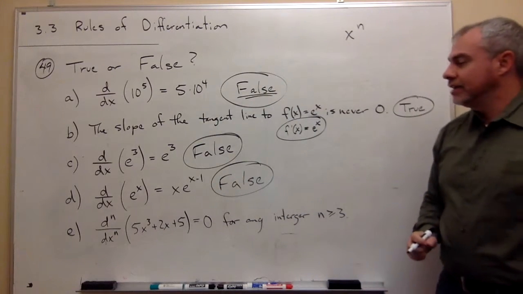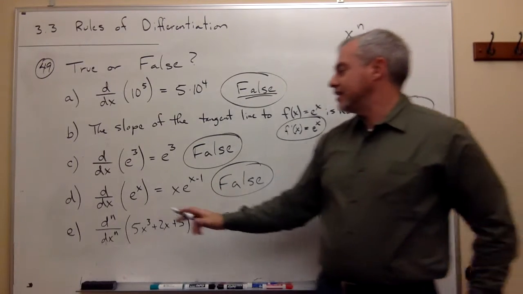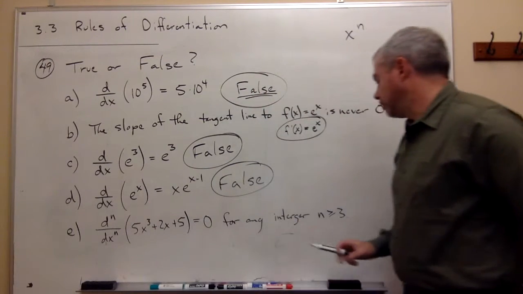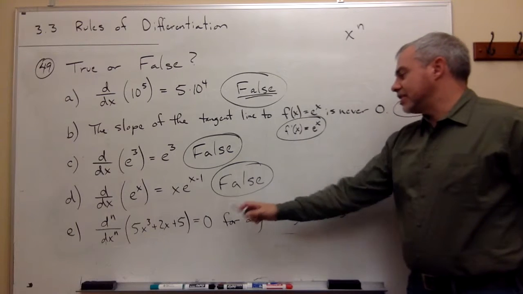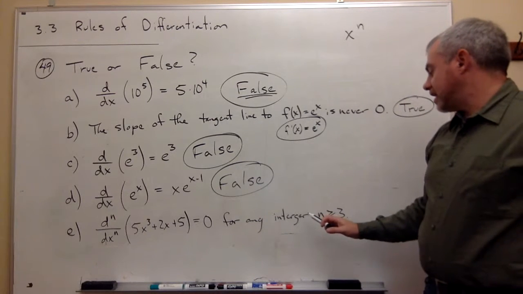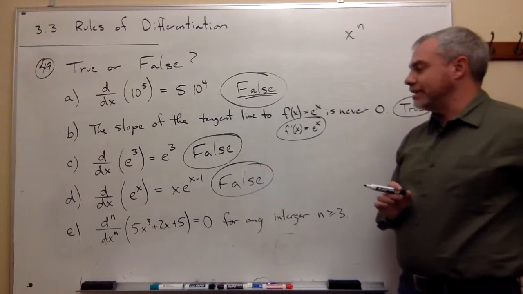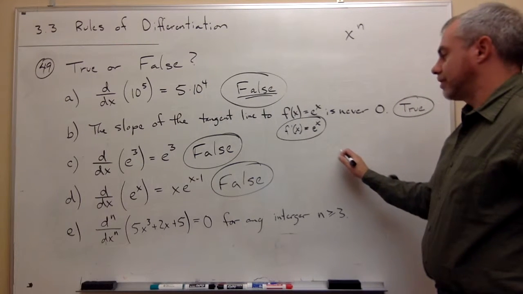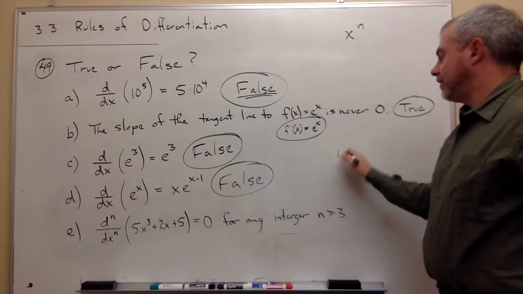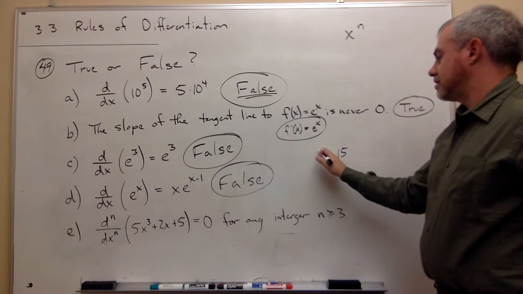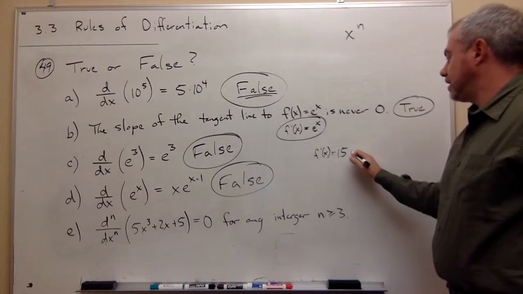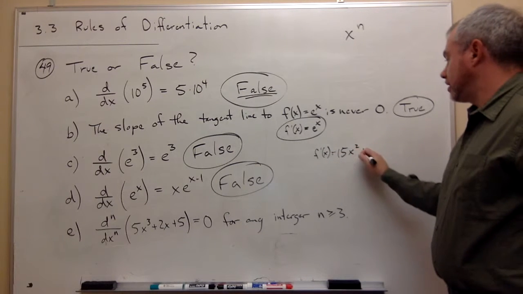And finally, this says that if I take the nth derivative of this polynomial, then I get 0 as long as I've taken at least 3 derivatives. So what's the first derivative of this thing? I'll call it f prime of x, would be 15x squared plus 2.